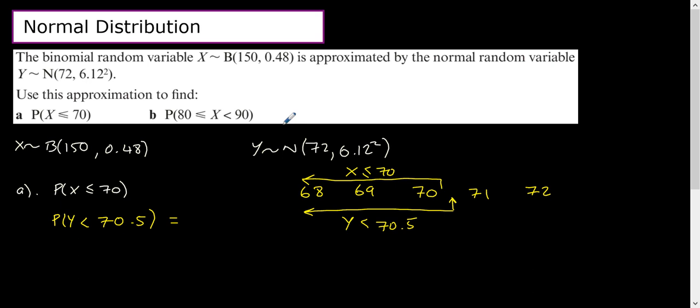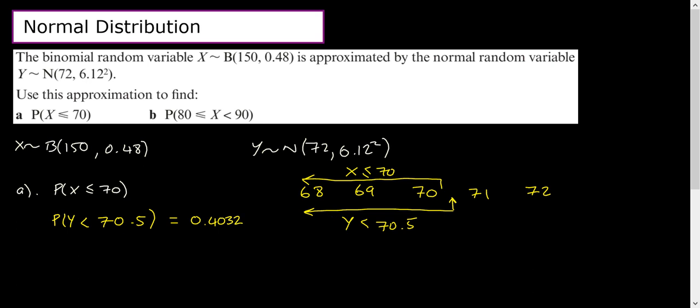Our upper is 70.5. Our sigma value is 6.12 given to us in the question. However, we could have calculated this. And our mu is 72. And our probability here is 0.4032. Okay, and that's our approximation.